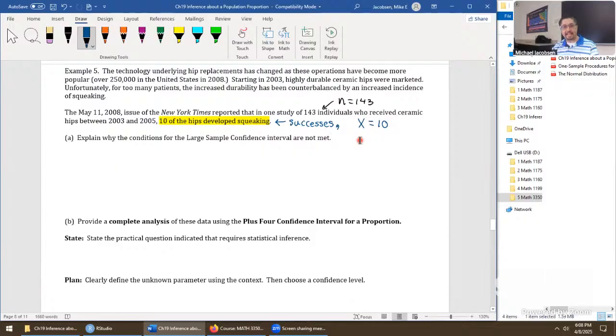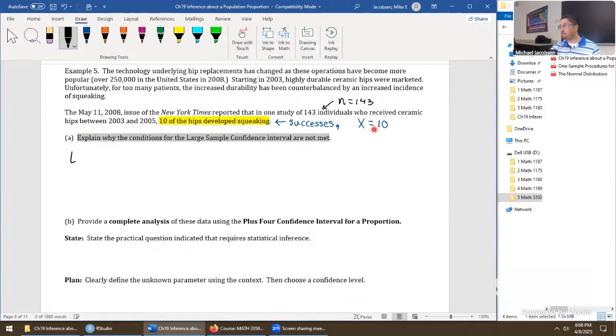And we could analyze these data as before using the large sample confidence interval, but we're immediately hit with a problem. It says in part A, explain why the conditions for the large sample confidence interval are not met. Certainly didn't say anything about randomization, but more critically, we only have 10 successes.